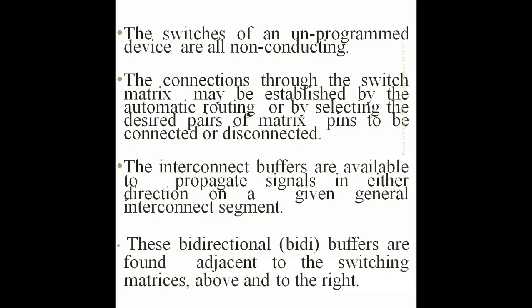That buffer we can use as either input or output. The buffer operation is storing the data; we can extract data from it, or we can send data from it. These bidirectional buffers are also found adjacent to the switching matrix above and to the height.